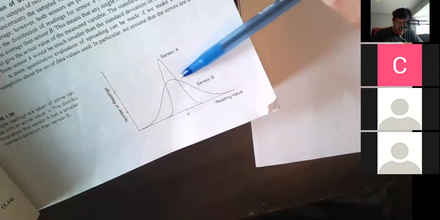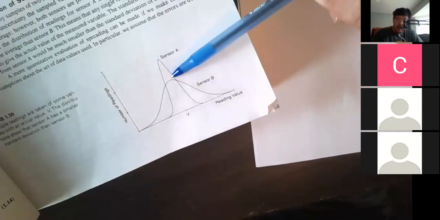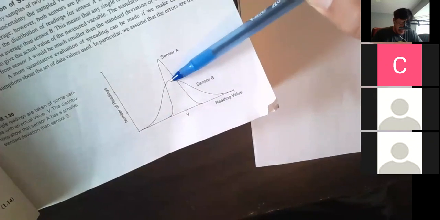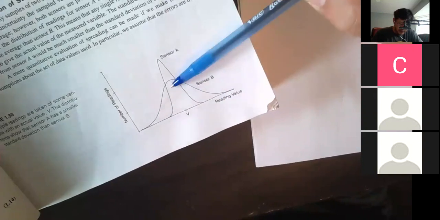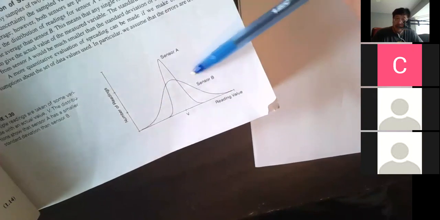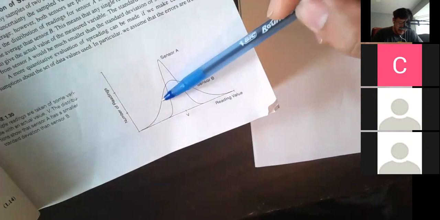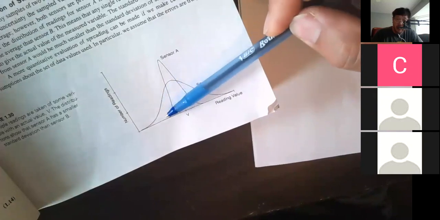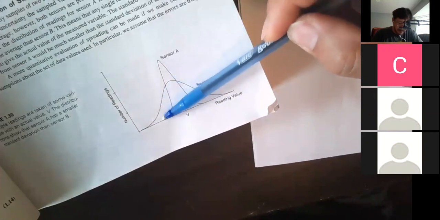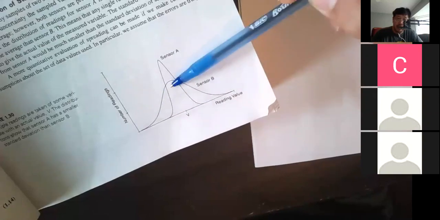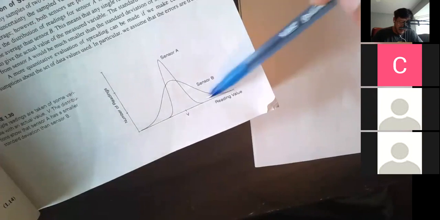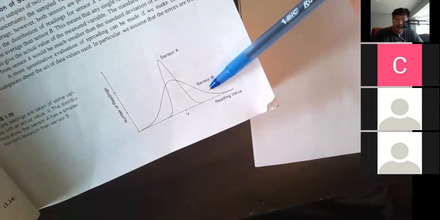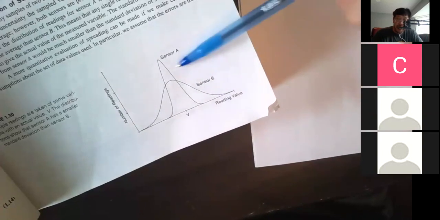The second sensor has the same average reading, but it's more flat. That means some sensor readings are far off, both above and below the average. So obviously, sensor B is not as good as sensor A.